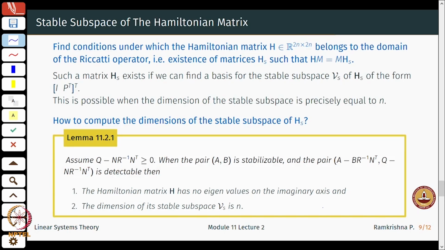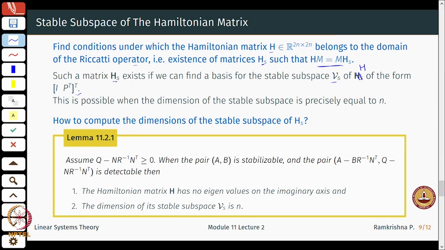Okay. So, now what we need to find here are conditions under which the Hamiltonian matrix H belongs to the domain of the Riccati operator, that is, existence of matrix H_s such that this holds. So, we want to find when I can find a solution and what the solution looks like. Such a matrix H_s exists if we can find a stable subspace of H of the form something like this.